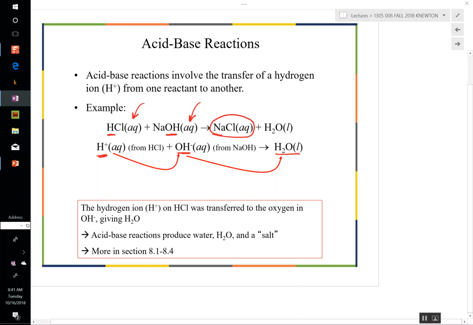So how would you recognize an acid-base reaction? Well, look for water as a product. Look for a hydrogen-containing acid and an OH-containing base. And you say, that's an acid-base reaction.